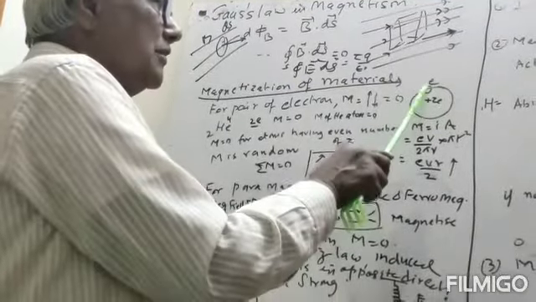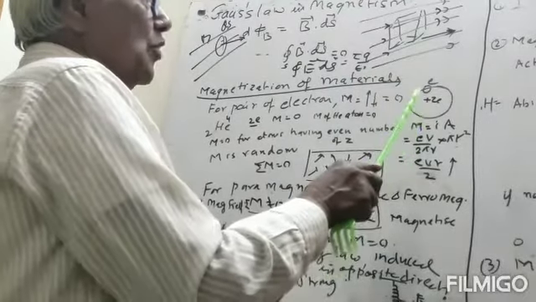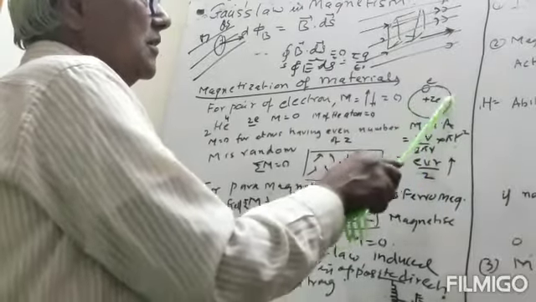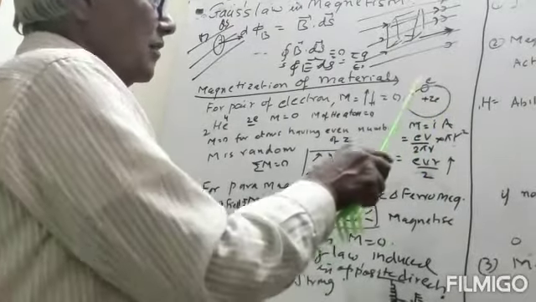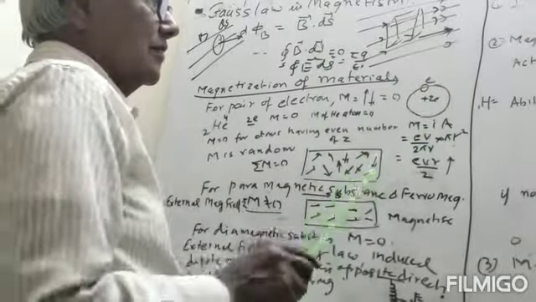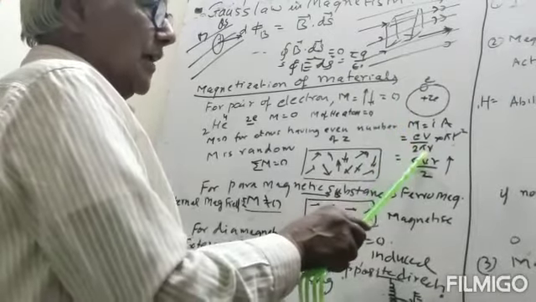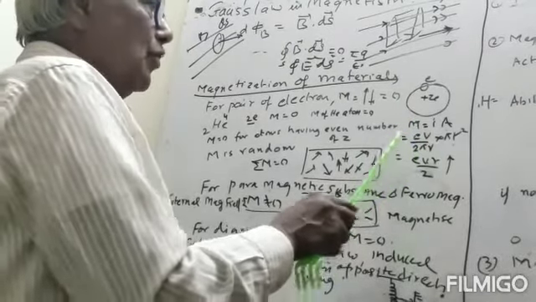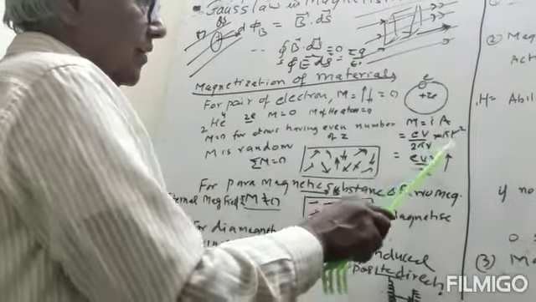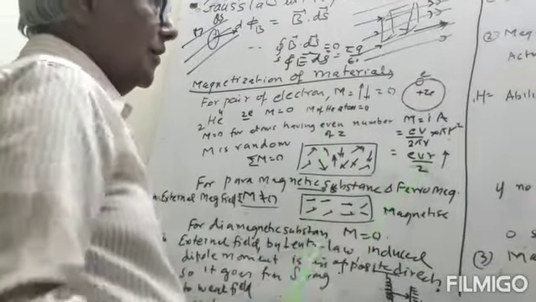The magnetic moment of this electron, M, is equal to the current multiplied by the area of this circle. The current is charge divided by time, and here time is the time period, so current is equal to ev divided by 2 pi R. Pi will cancel, one R will cancel, so it will be equal to evR divided by 2.